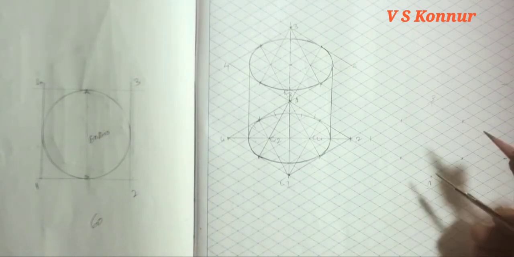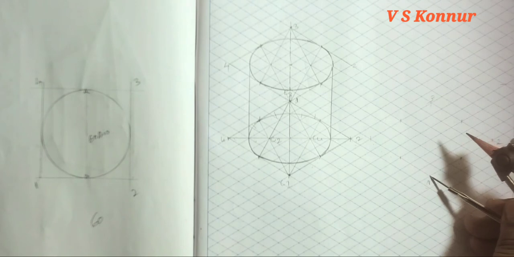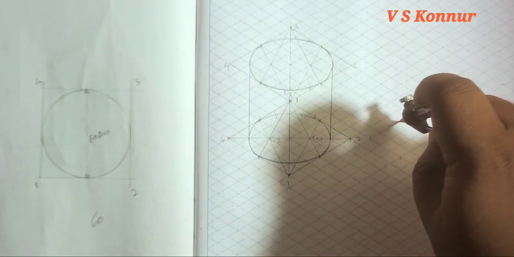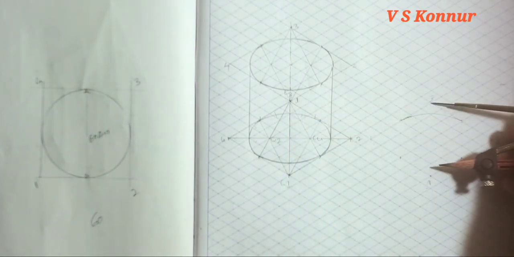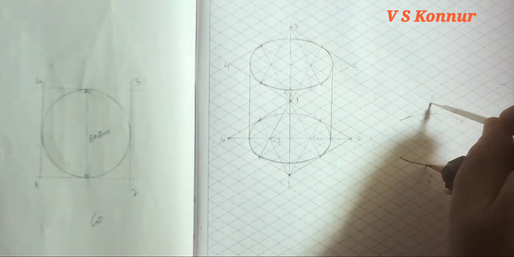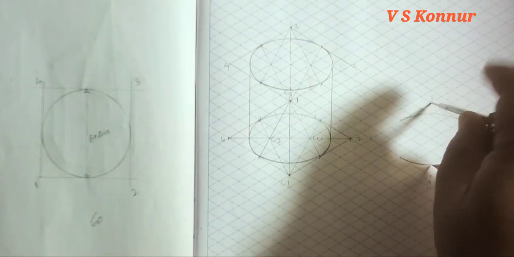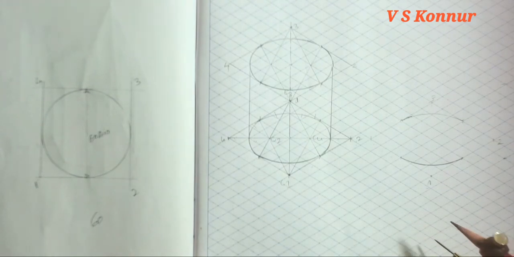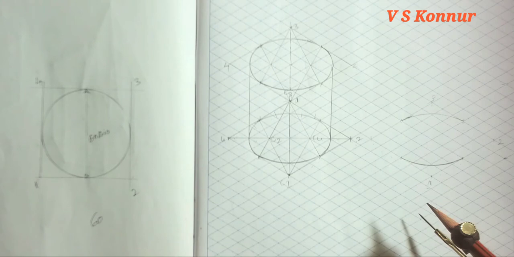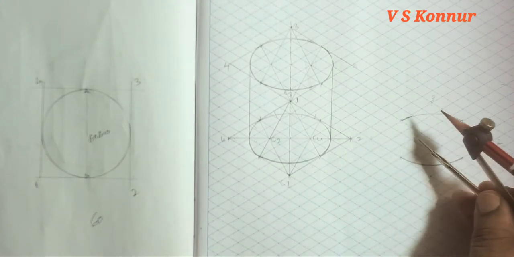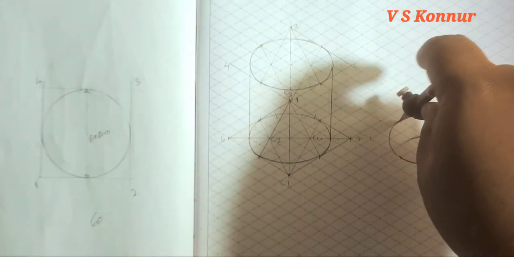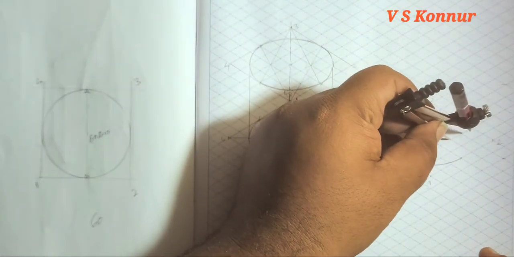Take this as center, this as radius, then this as center, this as radius, and then this as center, this as radius.